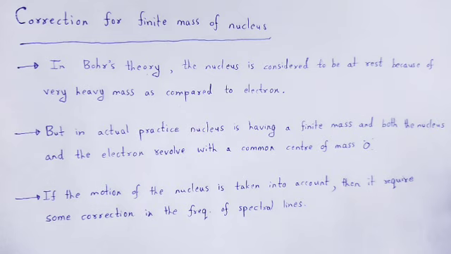In his postulates, one such postulate is that in the core of the atom, there is a heavy as well as massive tiny portion which is called the nucleus, and around the nucleus electrons are revolving in such permitted circular orbits, and the mass of the nucleus is very large in comparison to the mass of an electron.